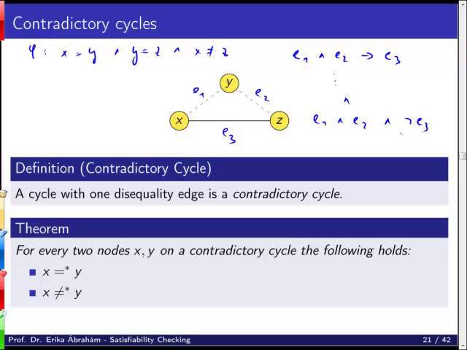And you see, since E1 and E2 must hold in order to satisfy the formula, SAT solving recognizes that E3 must hold to satisfy that clause, and this is in contradiction with not E3. So we get, using propositional logic and SAT solving, that this formula is unsatisfiable.